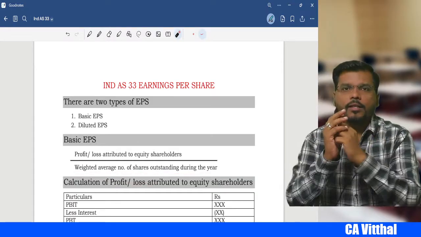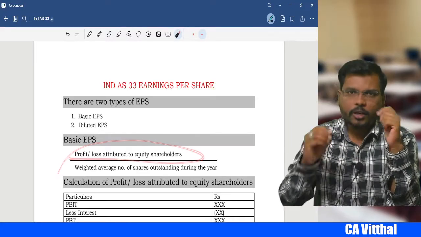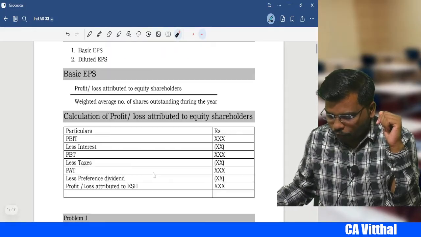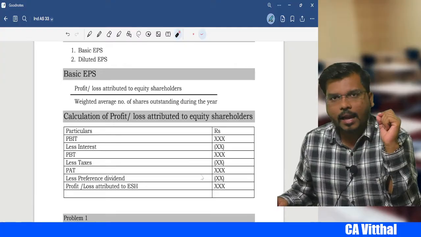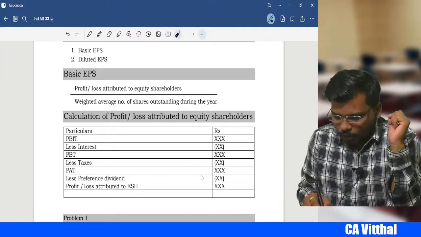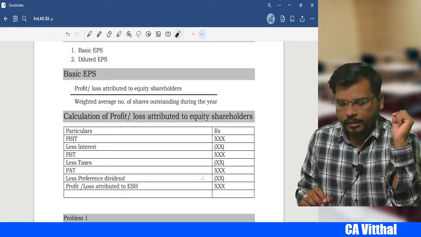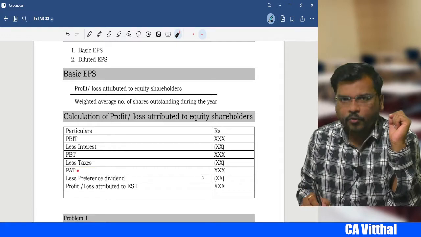Now, how to calculate this net profit, the numerator? To calculate this net profit, we have to start with profit before interest and tax. From that, we subtract the interest, we get profit before tax. From this, we less tax, we get profit after tax.